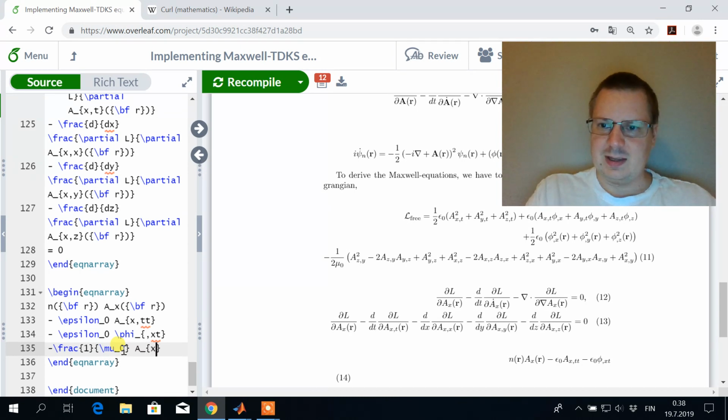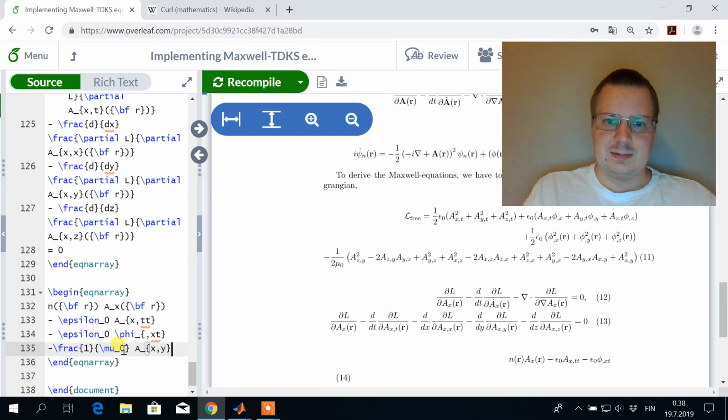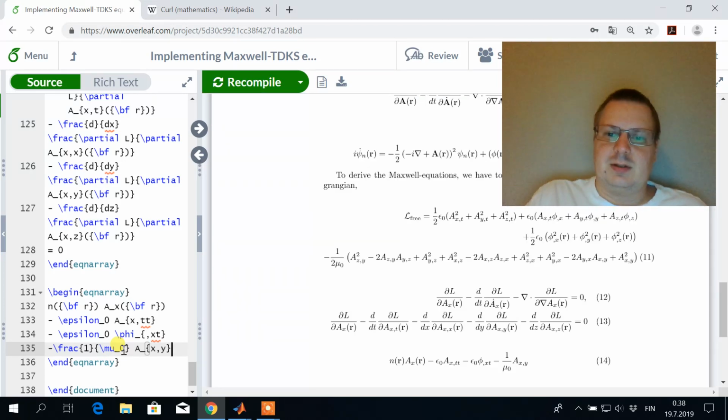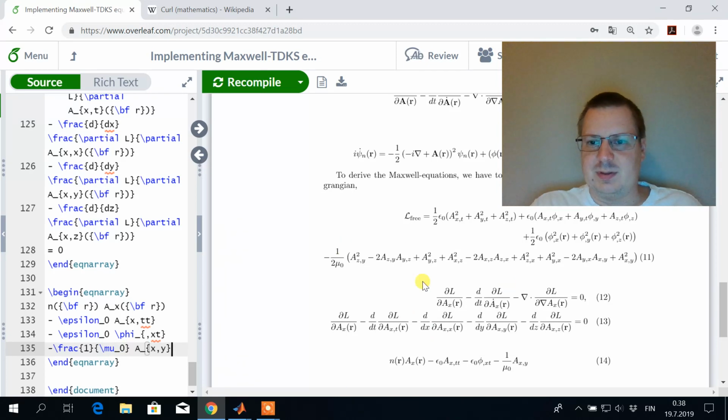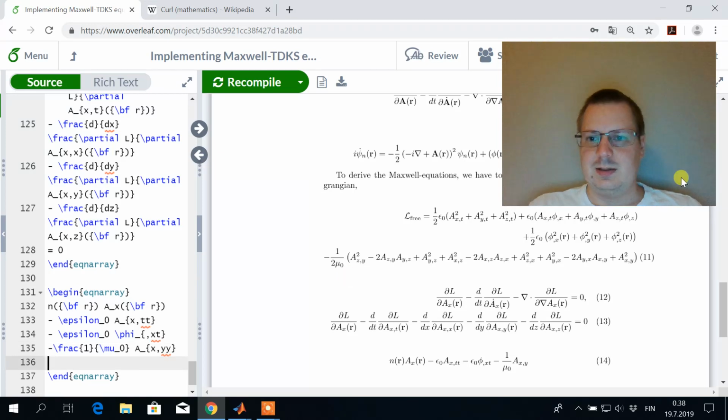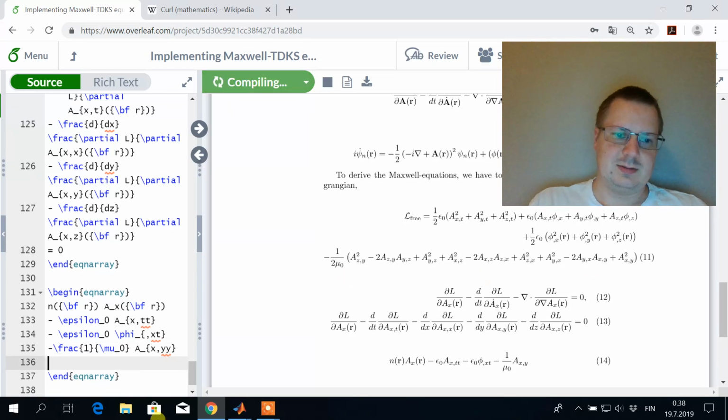We have axy, and so that minus and that minus cancels, and then we have this derivative here, so we have xyy, and then this one will have different sign.